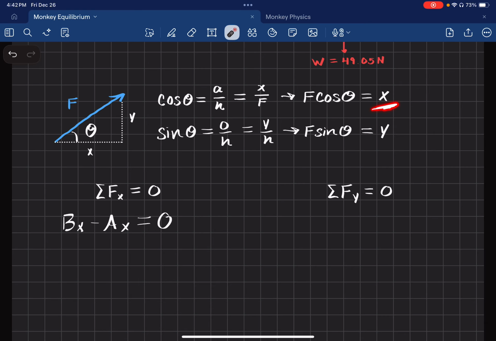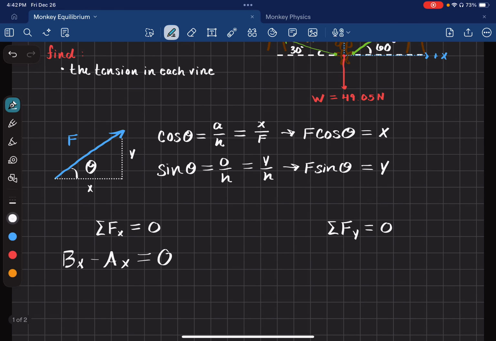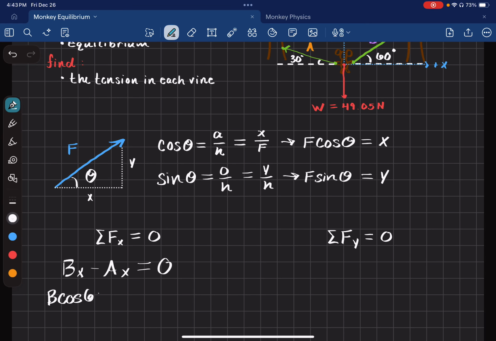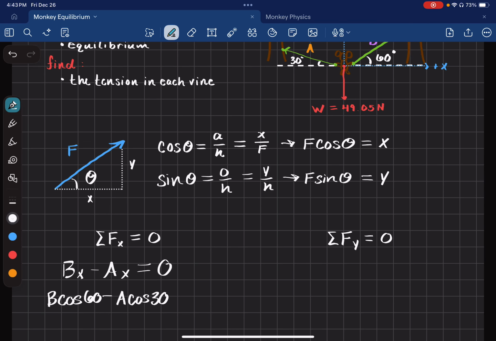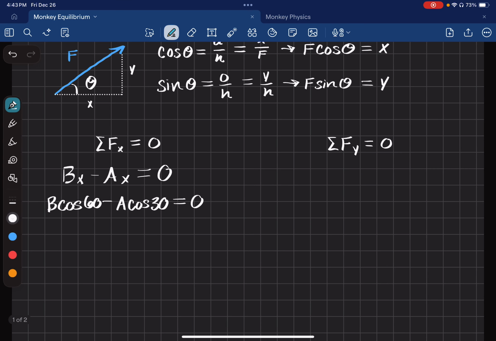And then this is the x component, so just put A and B, and then whatever angle it is. So B in the x is B cosine of 60, and A in the x is A cosine 30, equal to 0. We don't know A or B, but we can solve for one of them and then come back and substitute later.